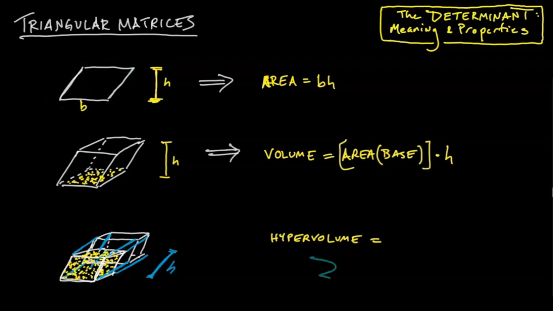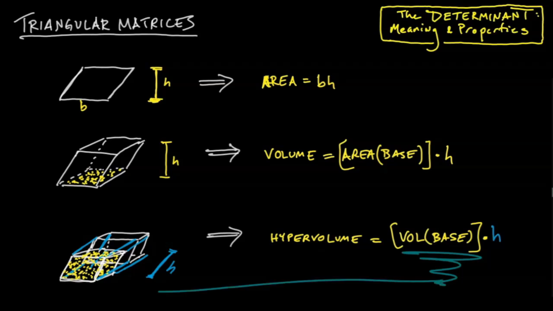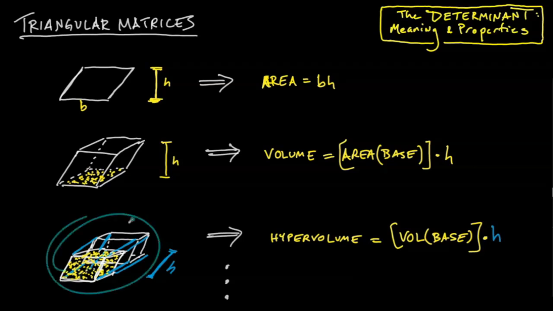So the hypervolume of our parallelotope would be the volume of its base, which itself would be a parallelepiped, times the height. And of course, this pattern continues up all the dimensions. To get a five-dimensional parallelotope, we'd be taking a four-dimensional one, extruding it out through a fifth spatial dimension, and the resulting five-dimensional hypervolume would be the four-dimensional hypervolume of the base times the height in that fifth dimension.